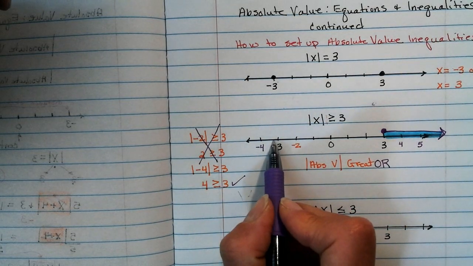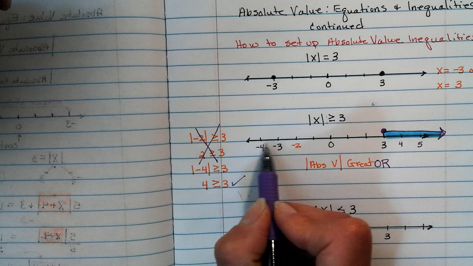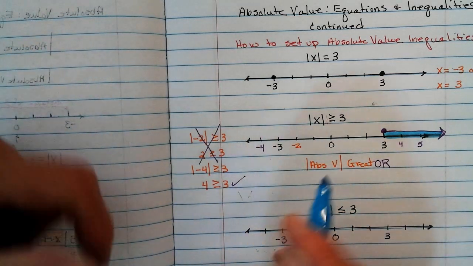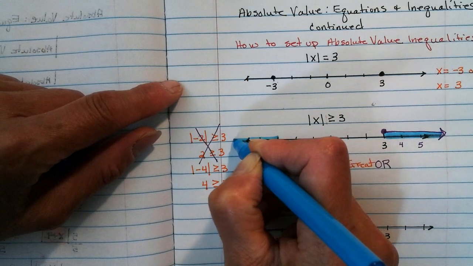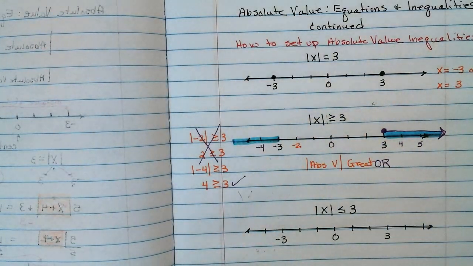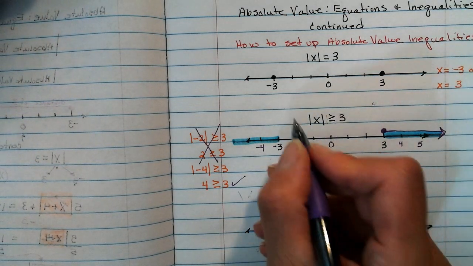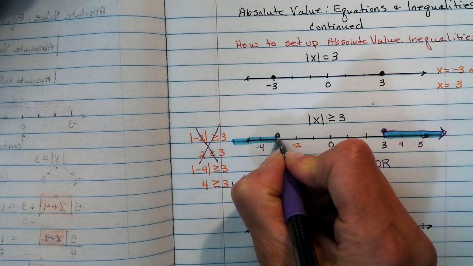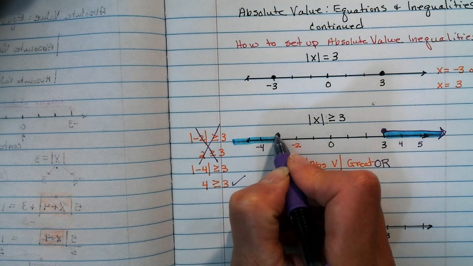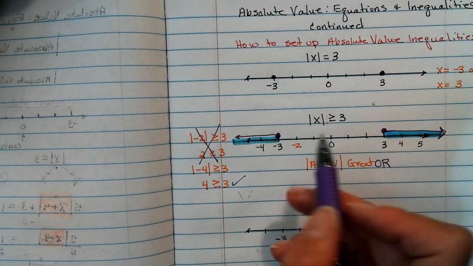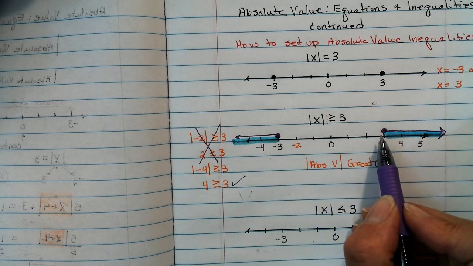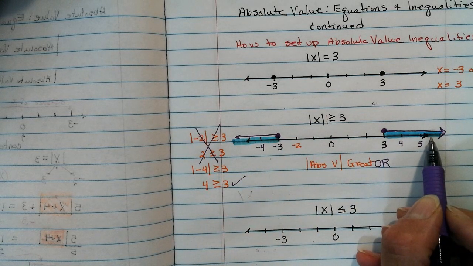So that means everything this side will make this equation true. So everything from -3 to the left is also an answer. Because we have the equals, we're going to put a closed circle here, and we're going to draw our arrow everything to the left. So you can see everything to the left, everything to the right.